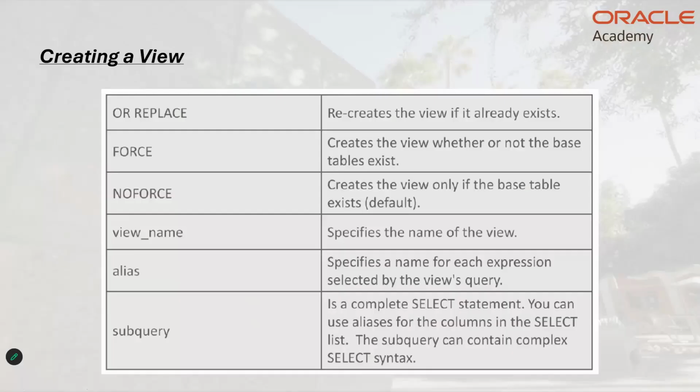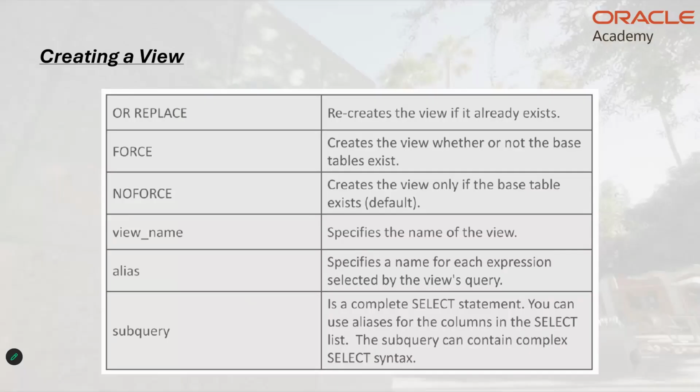So here are some of the attributes of the view. Or replace recreates the view if it already exists. So basically this is how you can modify it. It's create or replace, so you can run that in one query. Force creates the view whether or not the base table exists.